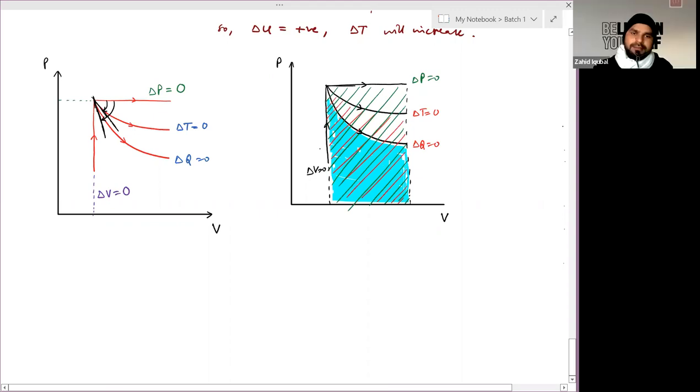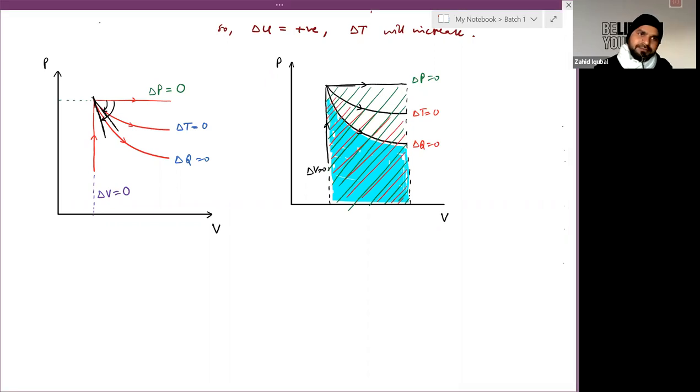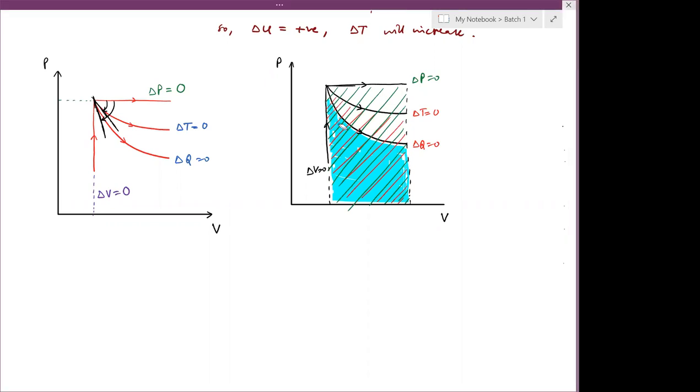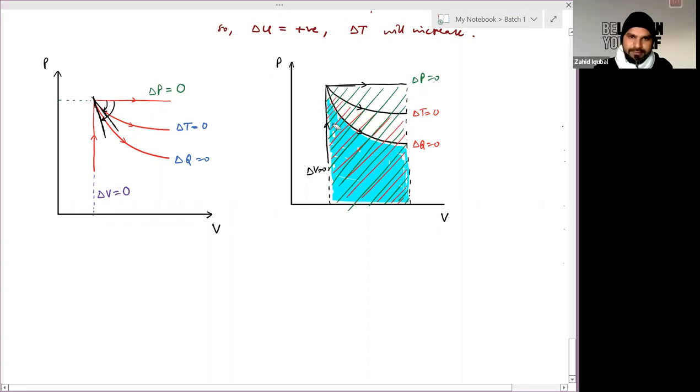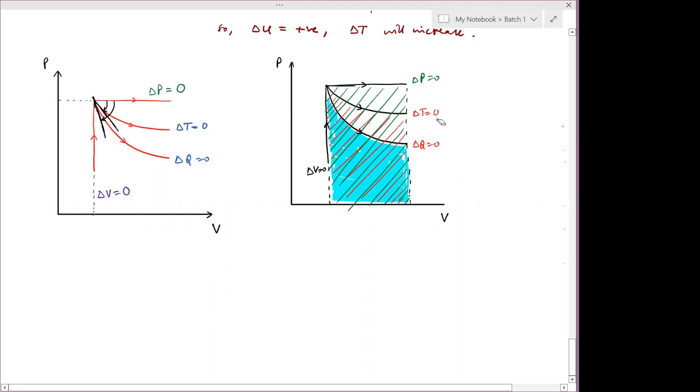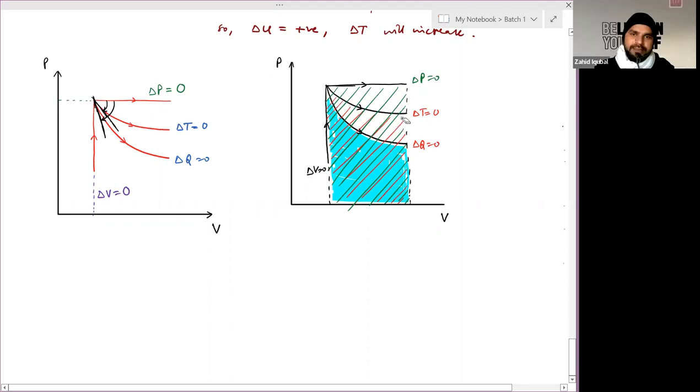Sir, the adiabatic one. Adiabatic has only this much area. For isothermal, you must add this part also to this area to define the enclosed area from this point to this point.